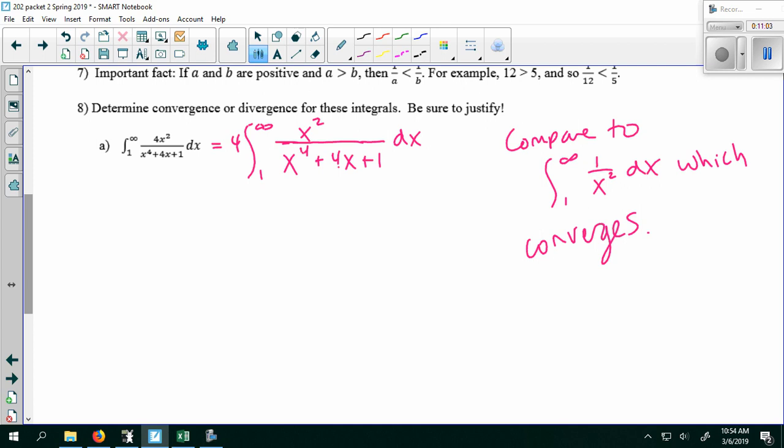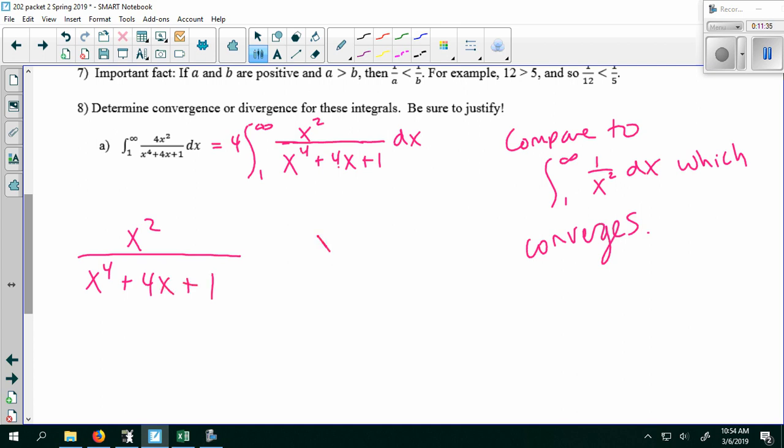Okay, so let's look at the two fractions. x squared over x to the fourth plus 4x plus 1.